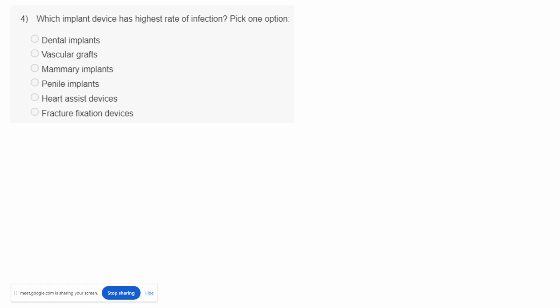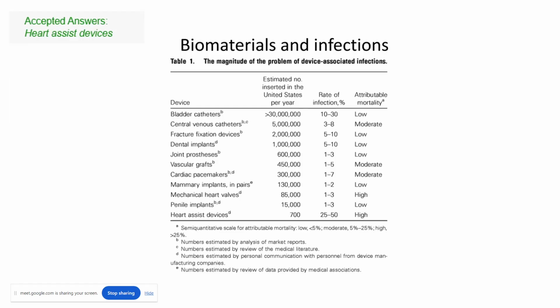Yes, both of you are correct. It would be heart assistive devices. And in heart assistive devices, estimated number of inserts is 700, and the mortality rate is really high as compared to other different kind of devices or implants.